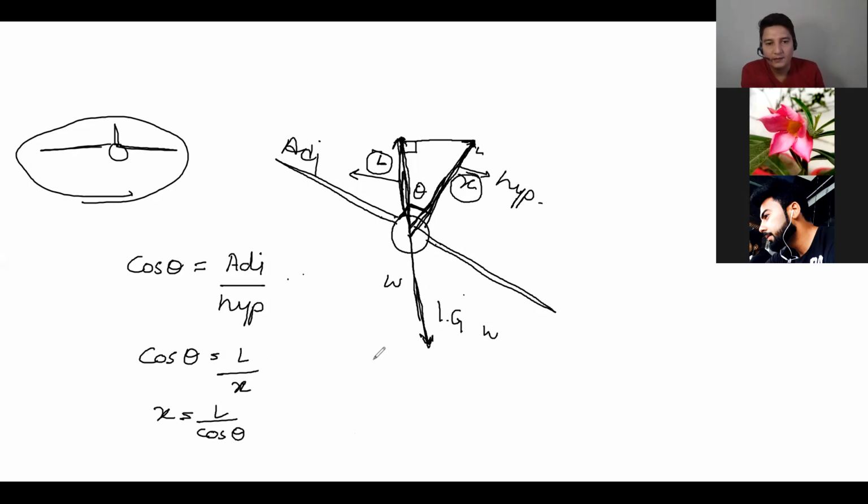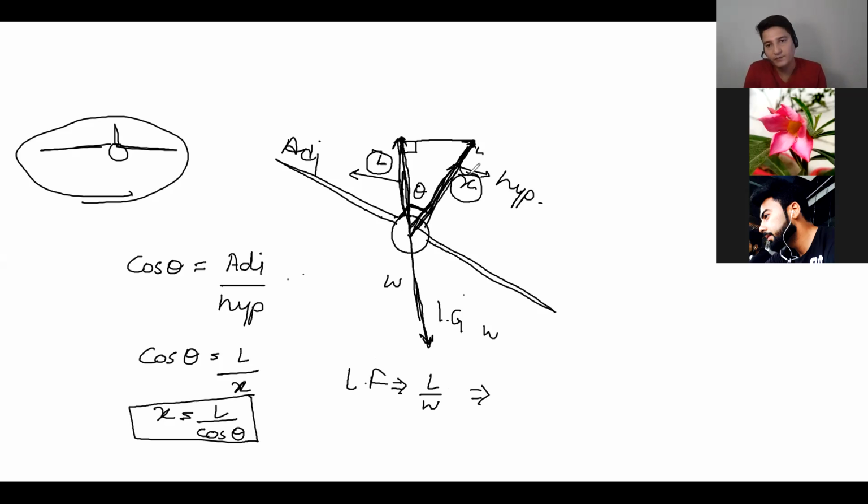Okay, we have come to the value of x. Now let's carry on with the formula for load factor. Load factor is lift upon weight, where this is again basically a lift.